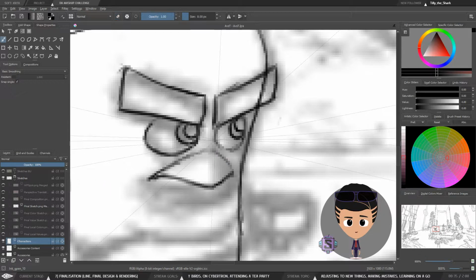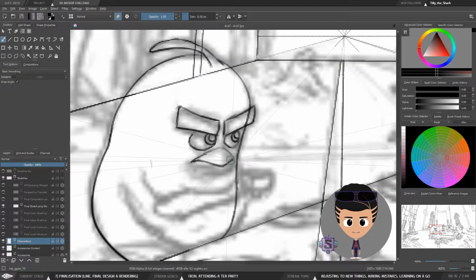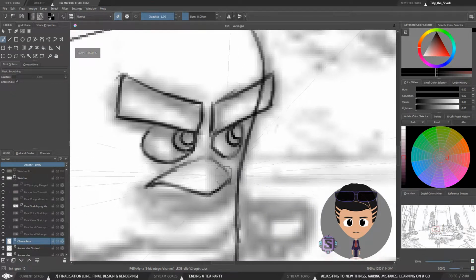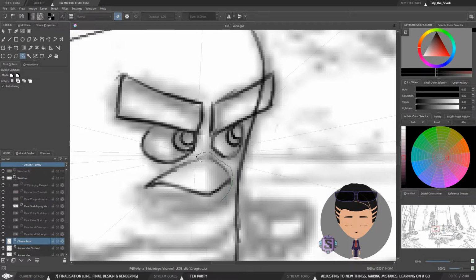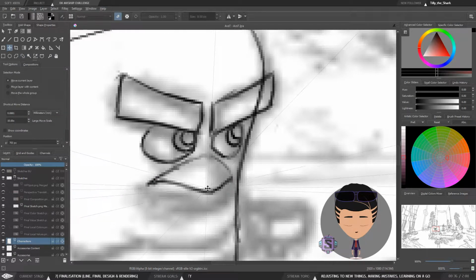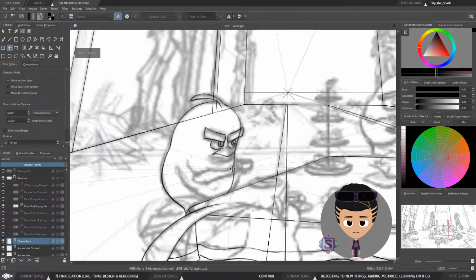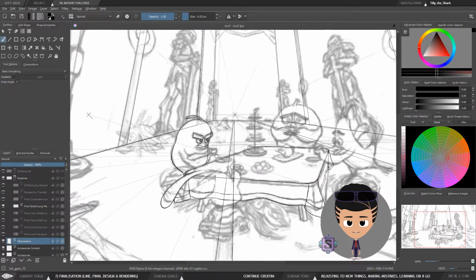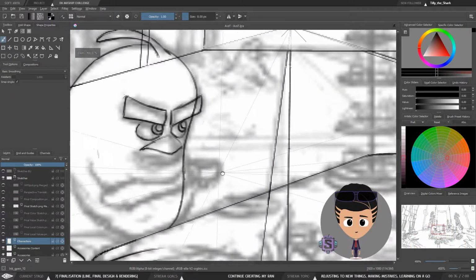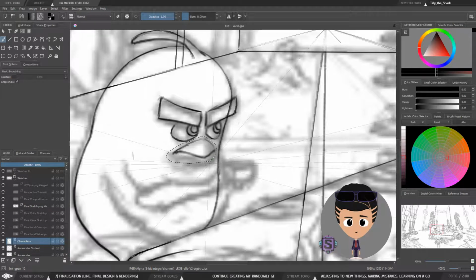For the beak not to touch the eyes, the eyes are shaped slightly differently. Oh, this is too high.